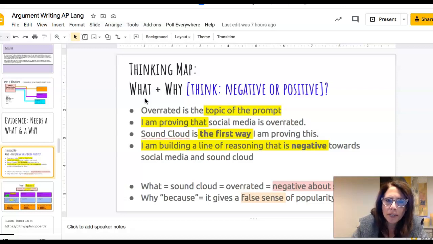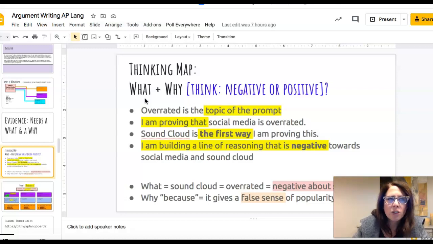If the topic is overrated, and I choose the thesis to be social media is overrated, what will my descriptions be? What will all my adverbs be? What will my perspectives be on social media, on my specific example one, which is SoundCloud? I have to have that stance firm in my mind so that I don't waver.